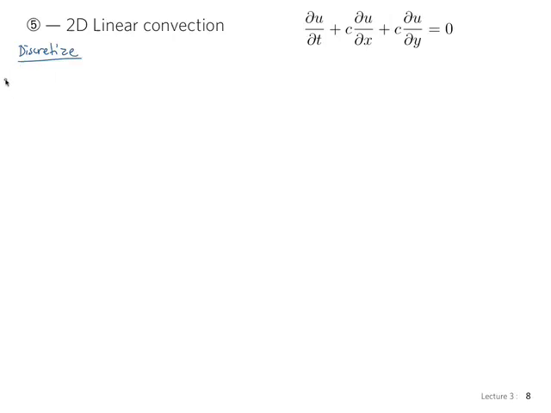Let's still do a forward difference in time. So we have u n plus 1 minus u n, these both at point ij, divided by delta t equal to, and notice this is linear convection, so this velocity here is a constant.